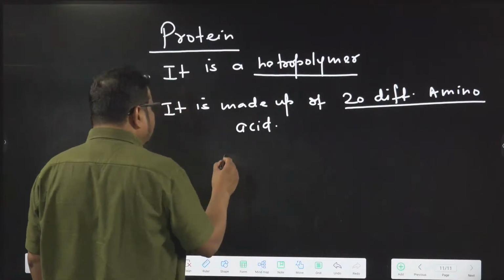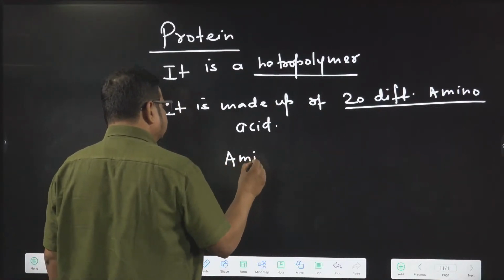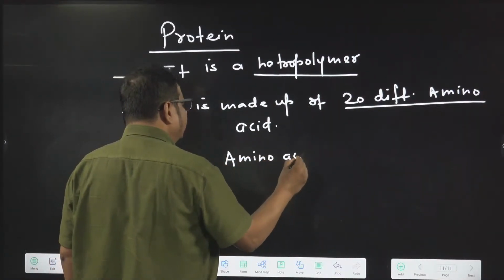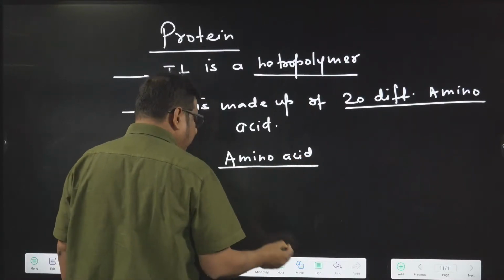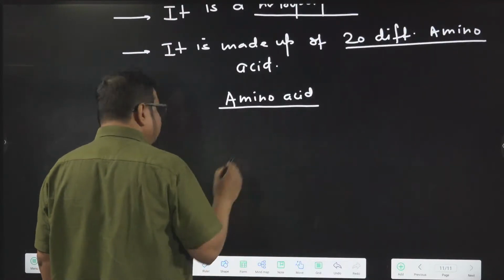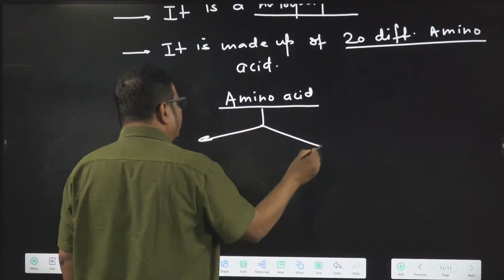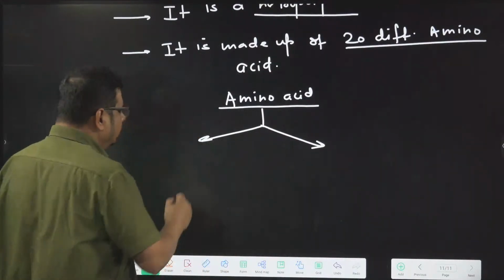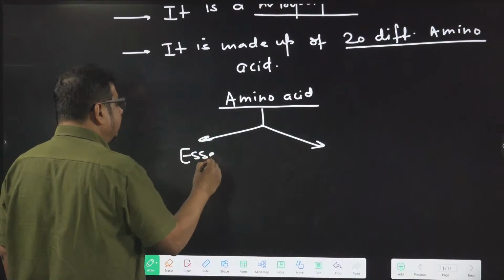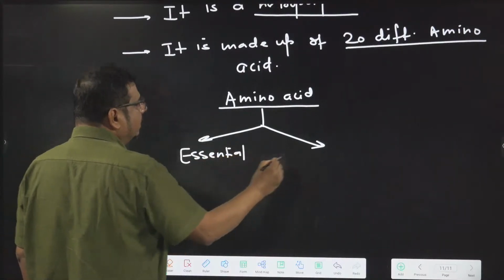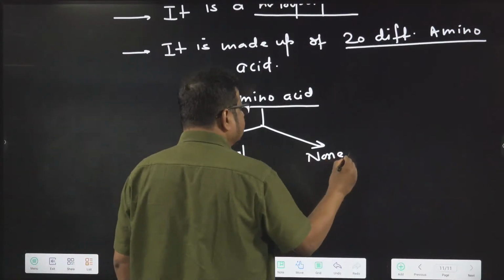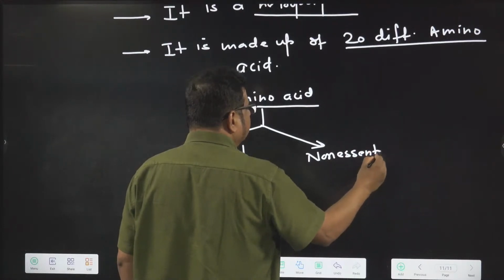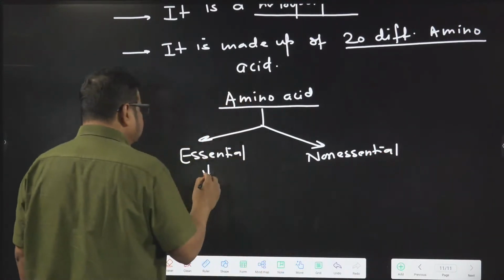Based on amino acid, NCERT wrote there are two types of amino acids that participate in protein synthesis. One is essential amino acid. Another is non-essential amino acid. You know the definition of essential well.